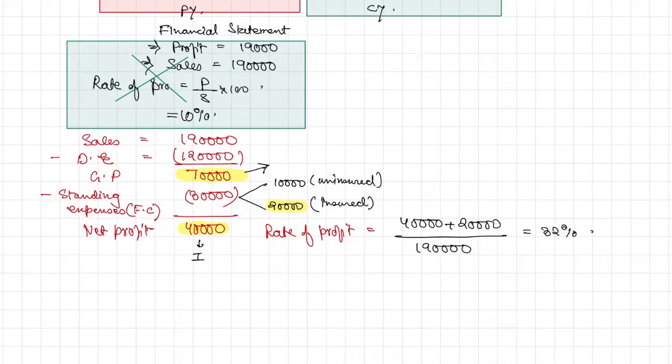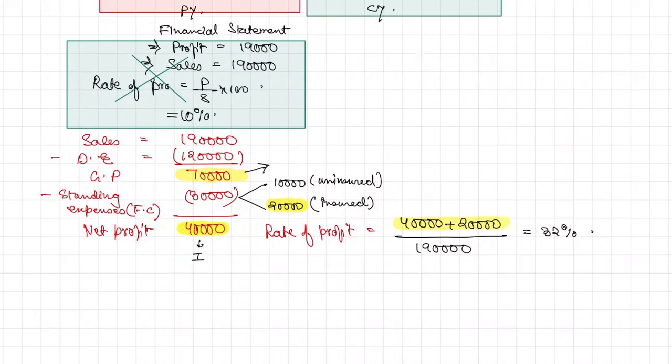What is this rate actually? This rate is the rate for my insurance, that this 20,000 plus this 40,000, this is what we want to be covered by our insurance policy, correct?